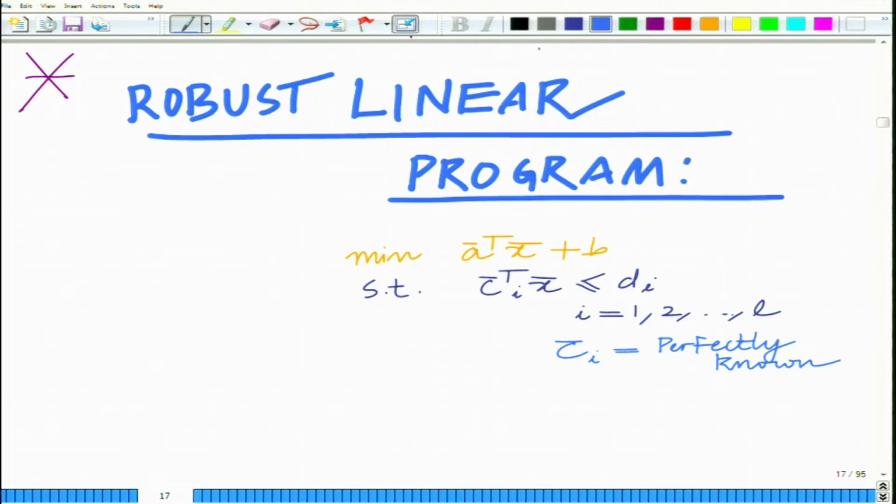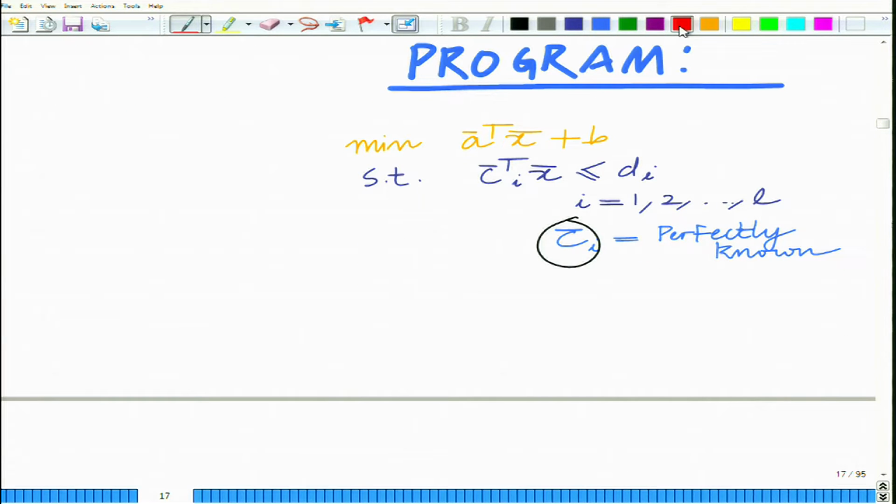So, as we have seen many times before, in practical scenarios, and this has a lot of practical relevance, there can be uncertainty in this c bar i. And there can be various levels of uncertainty, and various models for this.